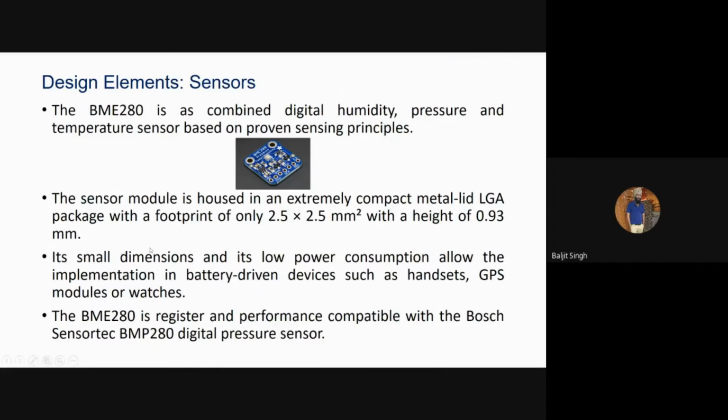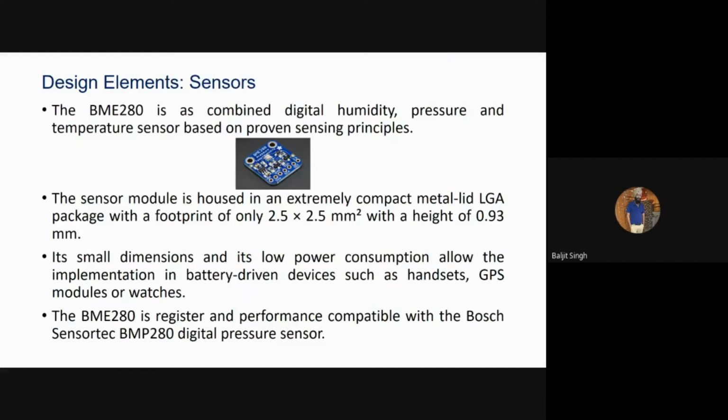Its small dimensions and low power consumption allow implementation in battery-driven devices such as handsets, GPS modules, or watches. So this BME 280, or there is another model, the BME 680, is actually being used right now by one of the very popular companies, in Fitbit smartwatches.